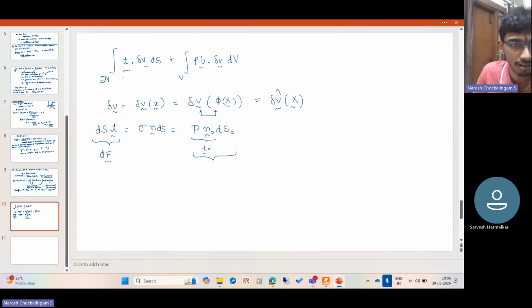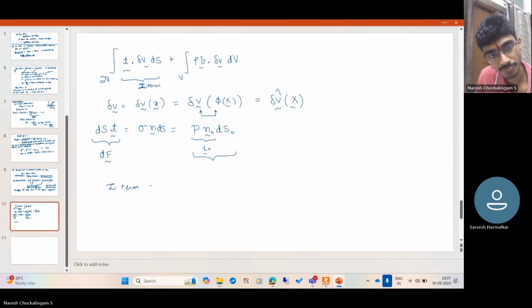So the first term becomes integrated over this surface, partial V naught, because everything in the argument has become a material quantity. So you have P n naught dot del v cap, because this is the function in the material coordinates, and ds naught.